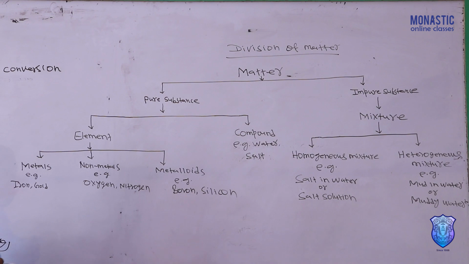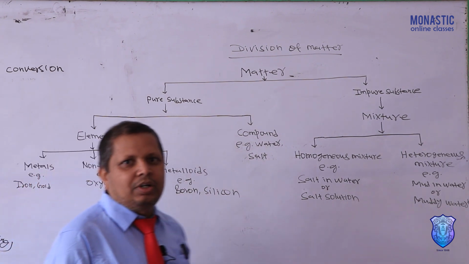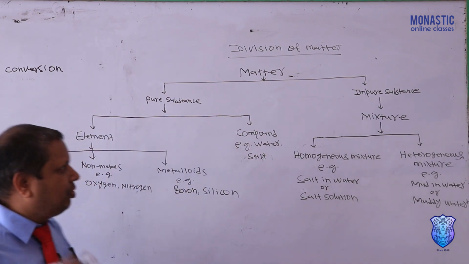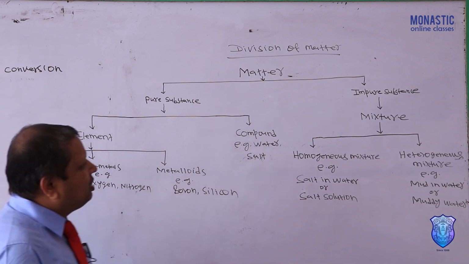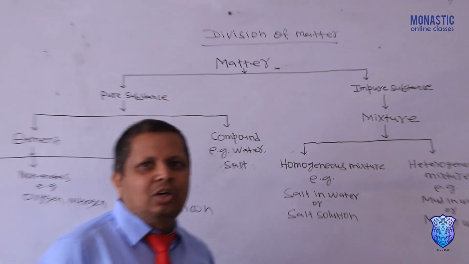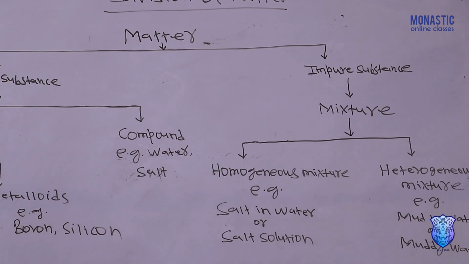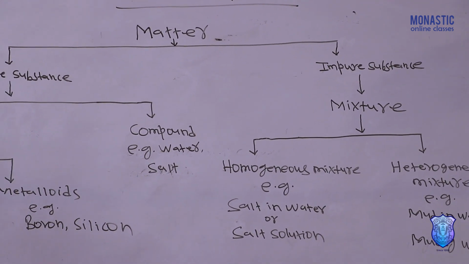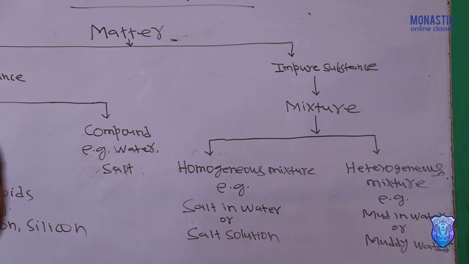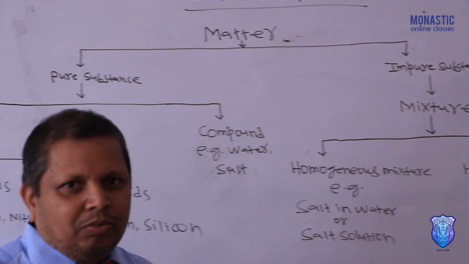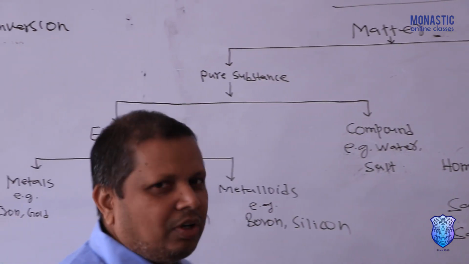Examples: pure water, pure gold, pure iron; these are pure substances. Impure substances are those which are made of two or more kinds of molecules. Examples: salt solution, sugar solution.